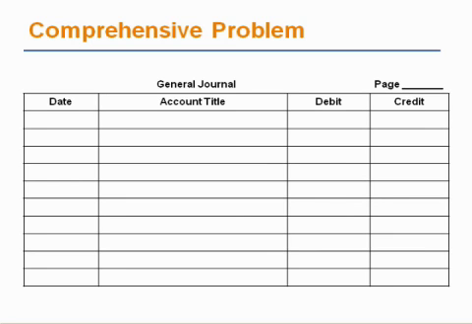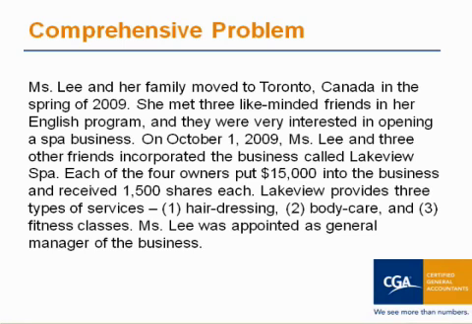And for the purposes of journalizing the entries, which we'll also be doing, you have your general journal, which provides space for date, account title, and your debit and credit entries. And when you have several pages of general journal entries, you need to make sure that the page numbering is provided so that you can find them. So that's all of the material that you need to work with, but we also have the questions.